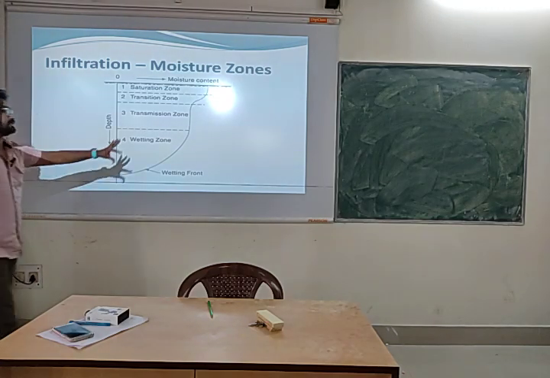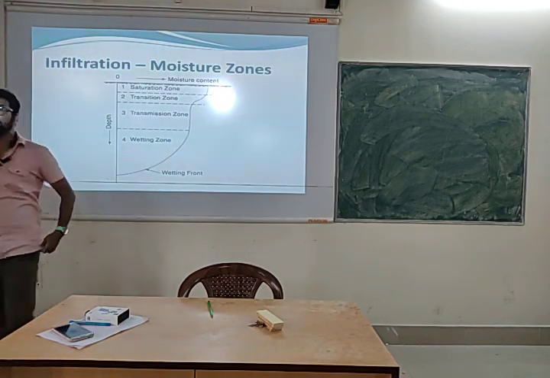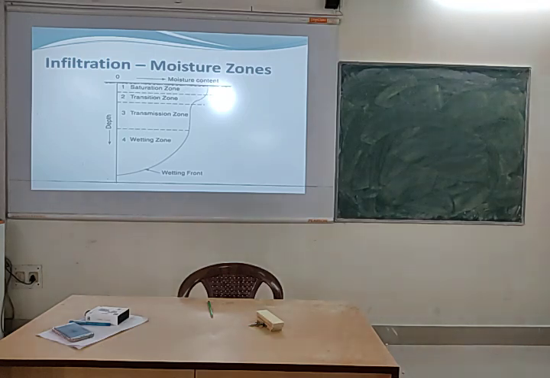Now this is the diagram by which you can find out how this happens. First of all, the saturation zone will be there. Suppose rainfall is occurring at a certain intensity. First the moisture content will increase and reach the saturation level.